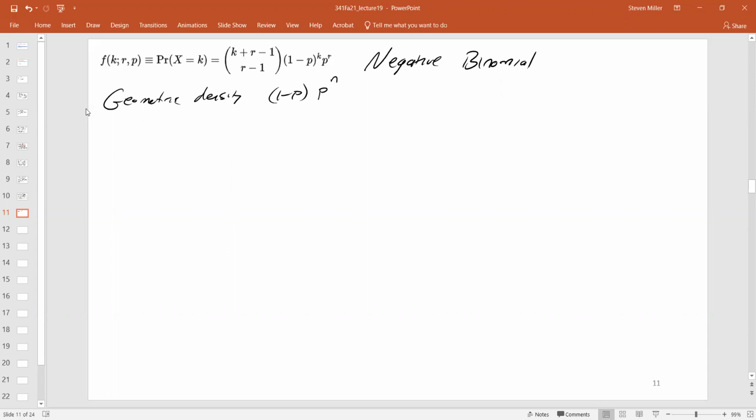And so what I would like to do is I'm going to just change it. So I want the probability that x equals n. And what I'm going to do is I'm going to replace p with 1 minus p. So I'm going to have 1 minus p to the k, p to the n. And so what I'm going to be doing is I'm going to have r equals n.